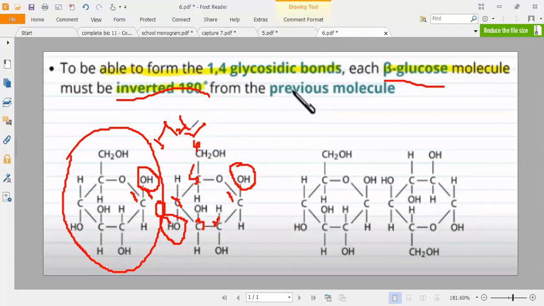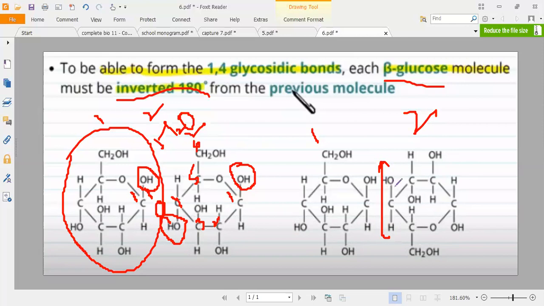This is a condensation process. But how does it happen? To make this comfortable linkage, what will happen? You can see here, this is molecule number 1, and this is number 2. The second molecule is inverted by 180 degrees, from down to up.